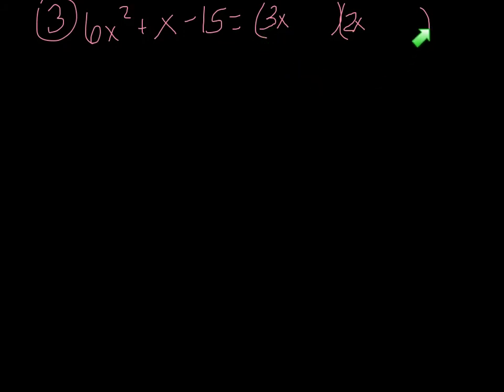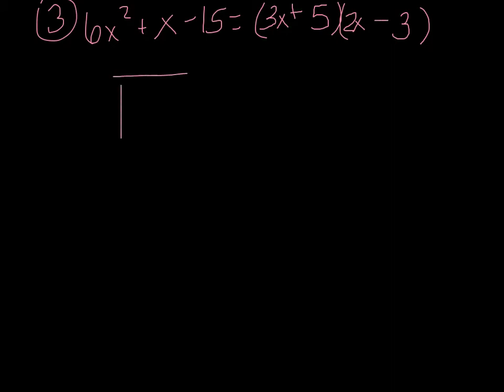So I'd have 9x and 10x, and they're going to have a difference of 1, so I think that's a good plan. So I'm going to put the 3 here, and the 5 here. Because it adds to positive 1, I want the bigger one to be positive, so I'm going to put the plus sign with the 5, and the minus sign with the 3.